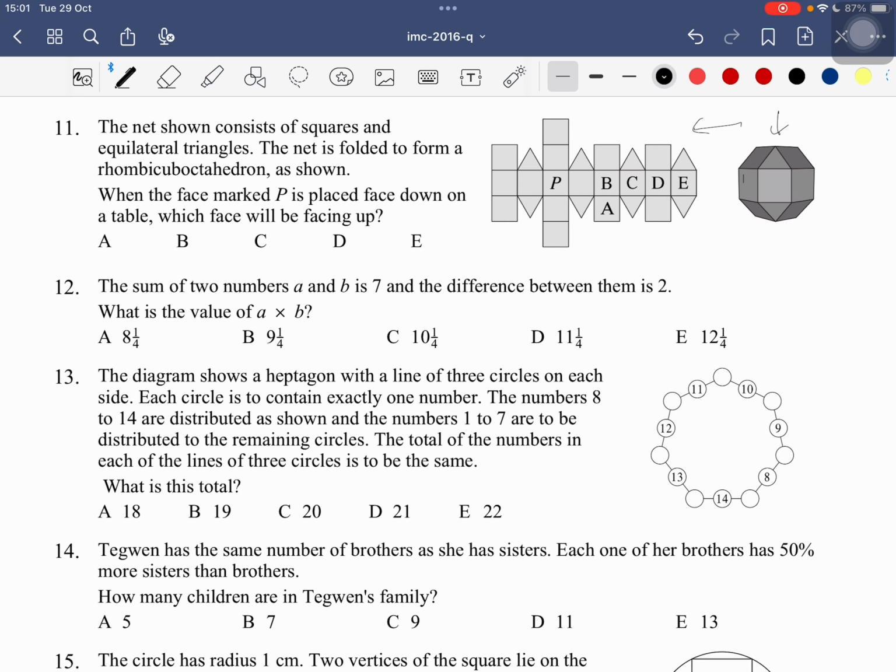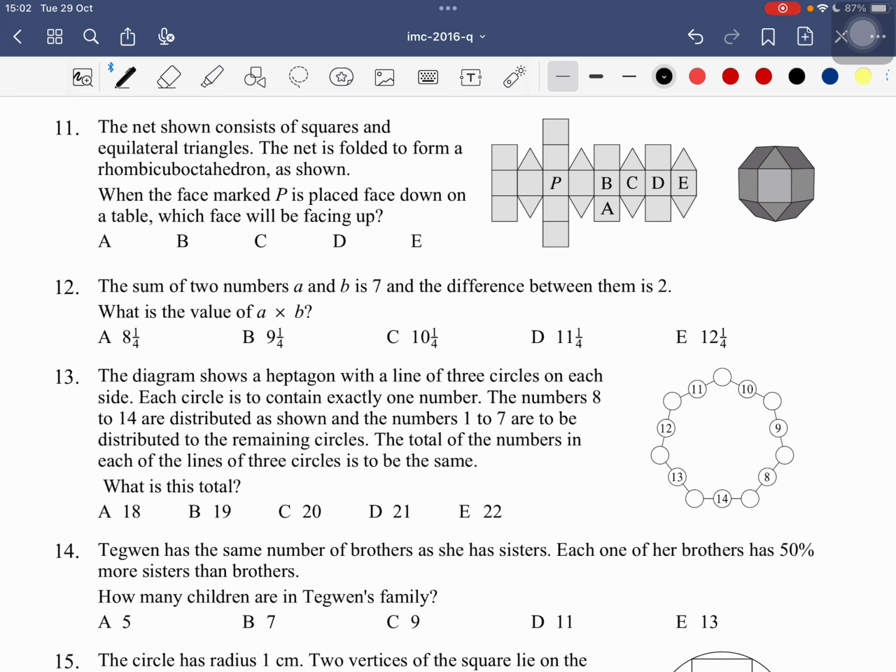So for example, if P is here, that letter should be somewhere there. So let's figure out how we can find it. No need to think about whether it is facing down or up. Wherever it is, the opposite is always the opposite.